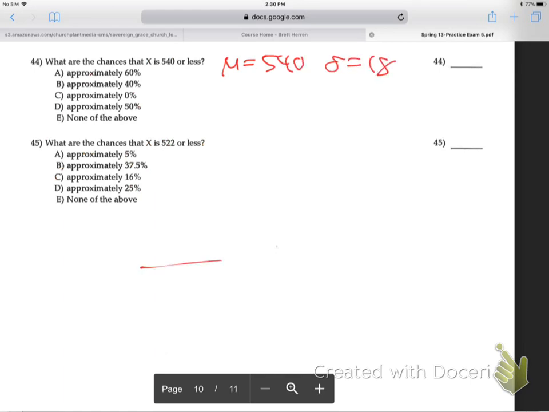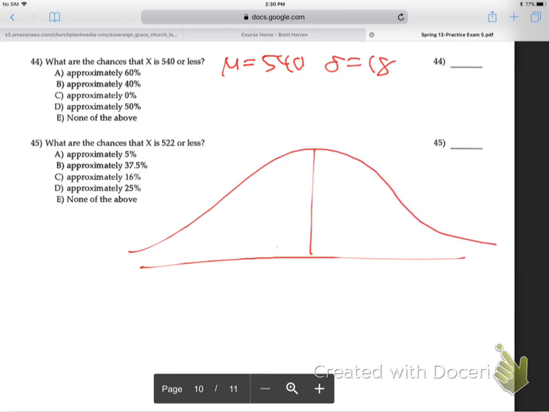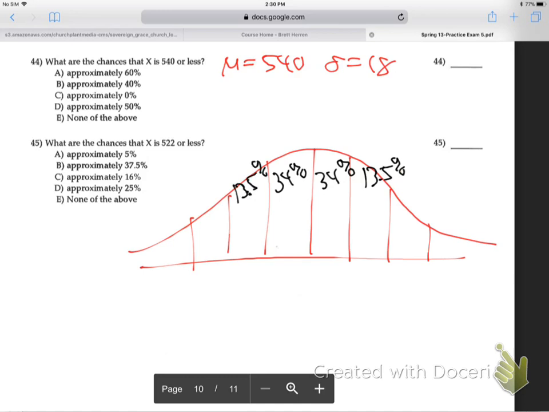So what I'm going to do is draw the normal curve. One big line in the middle, 3 jumps to the right, 3 jumps to the left. You know the drill, right? Percentages always remain the same. 34%. This is the most important thing you're going to have on your 3x5 card, the percentages on the normal curve.